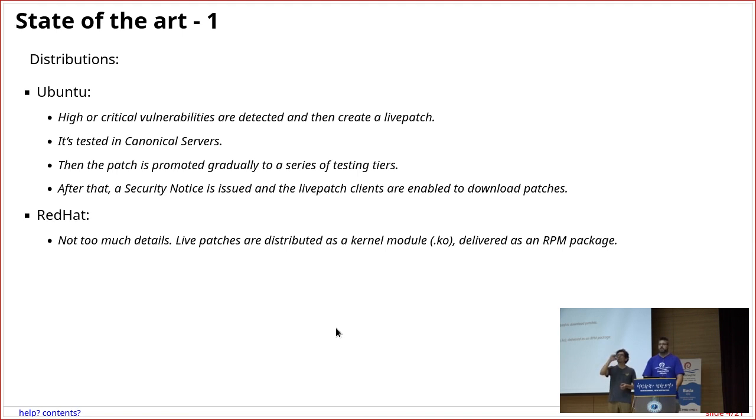For instance, in Ubuntu, high or critical vulnerabilities are detected and then live patches are created. All the patches are tested on the Canonical servers. When the patches are ready to be distributed to the users, they just send a notification and the user can install the patches.